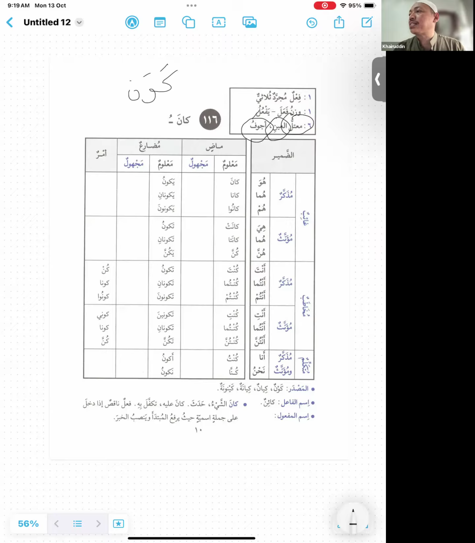This is how it looks like actually. In ancient times, the Arabs would have said kawana, but the language developed over many, many years until we arrive at the time of Rasulullah sallallahu alaihi wasallam, where this is something that we have to understand about the Arabic language.